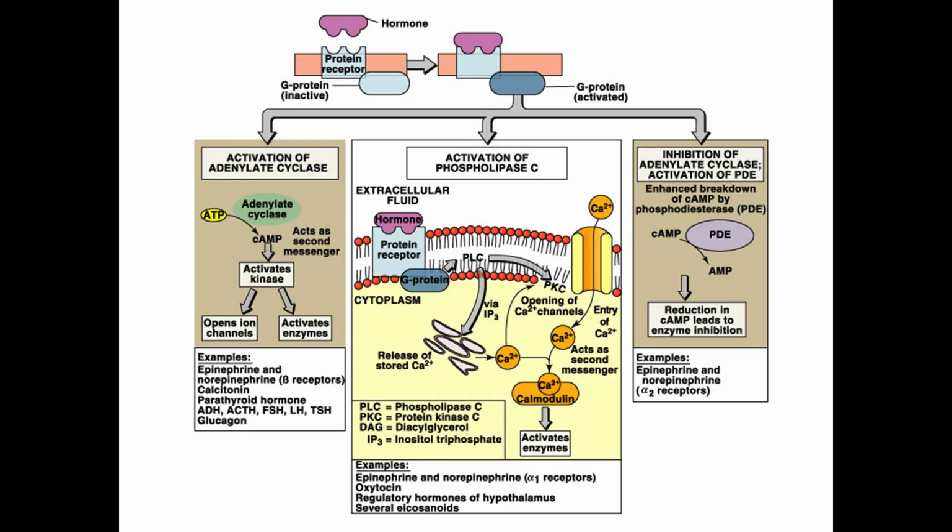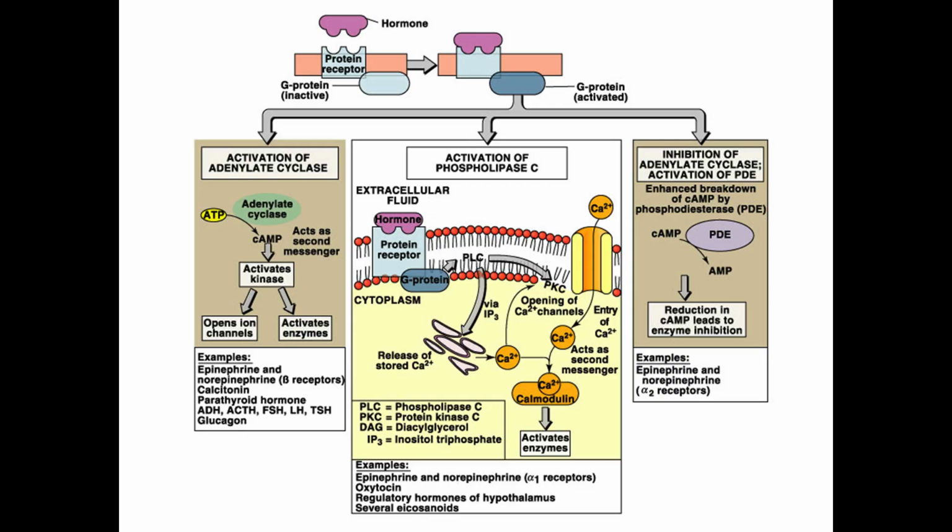This adenylate cyclase enzyme then activates cyclic adenosine monophosphate. Here, this cyclic adenosine monophosphate acts as a second messenger system. It then activates kinase, and these kinase enzymes open ion channels or activate enzymes.